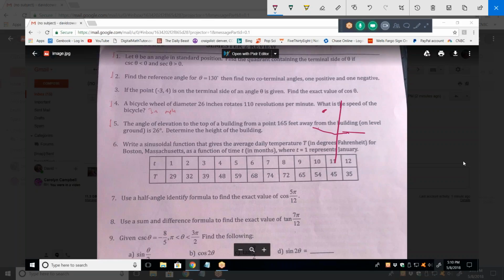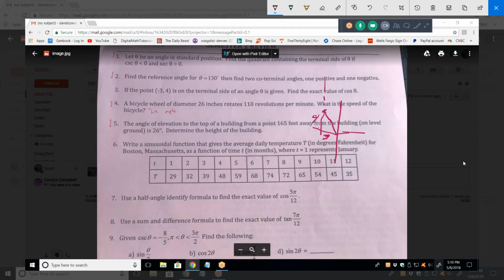Which means we're dealing with this triangle right here. And if that's 3 and that's 4, then what's the hypotenuse? It's just 5.